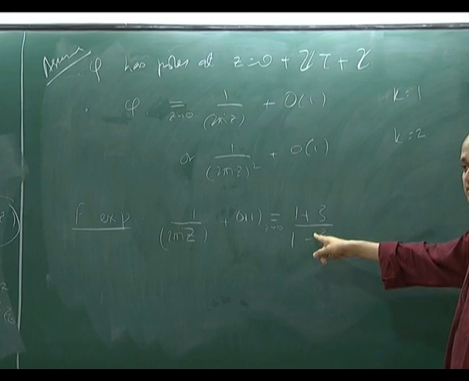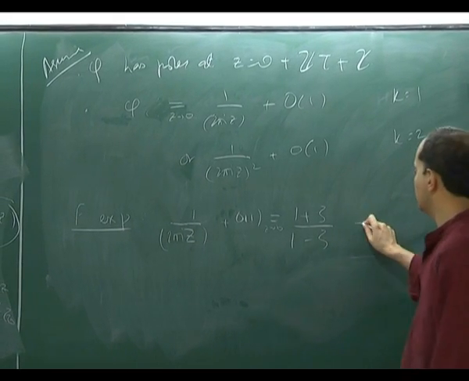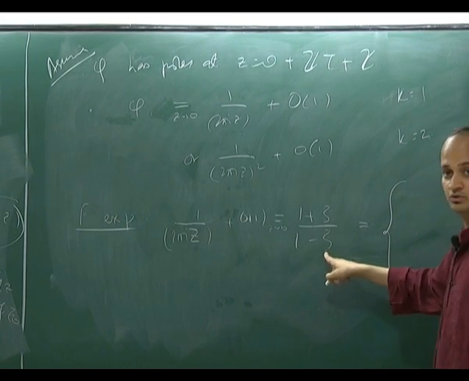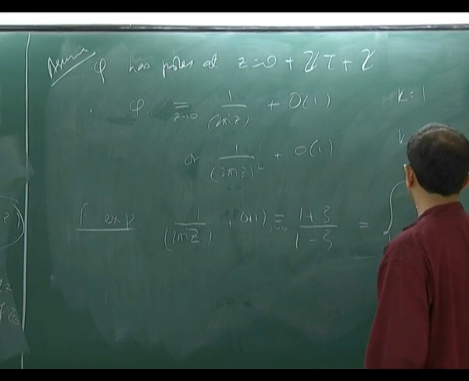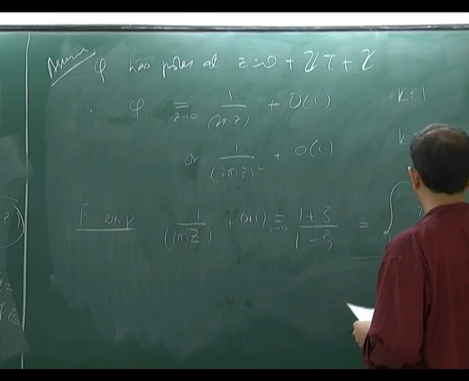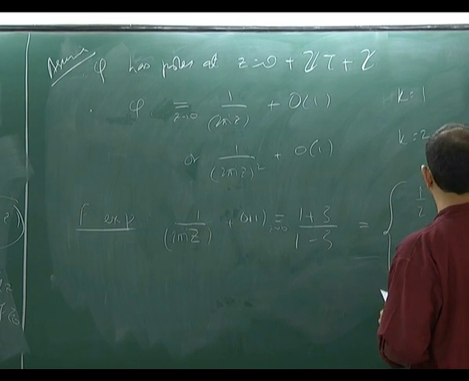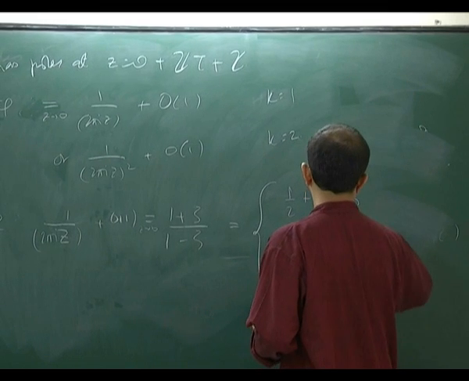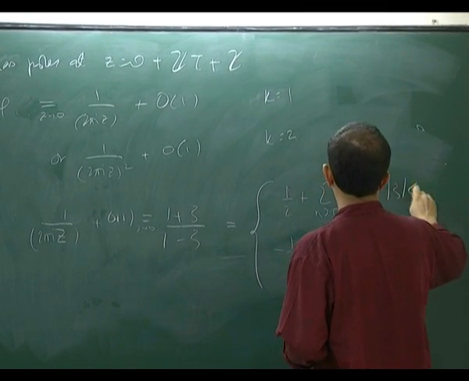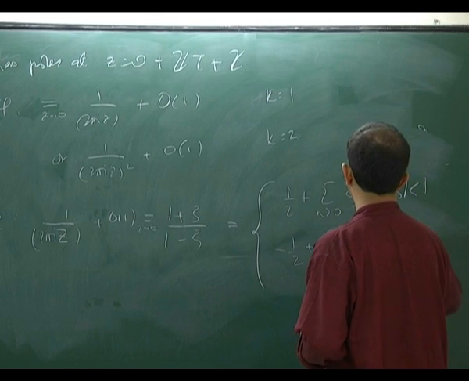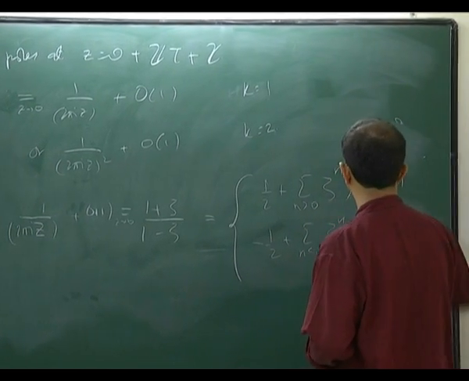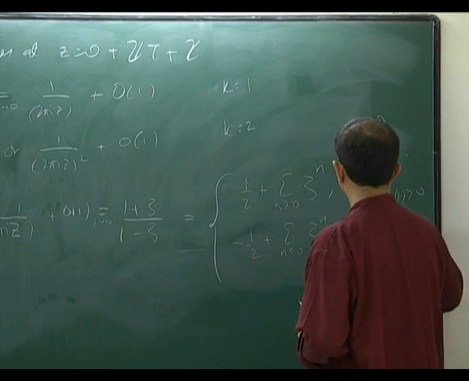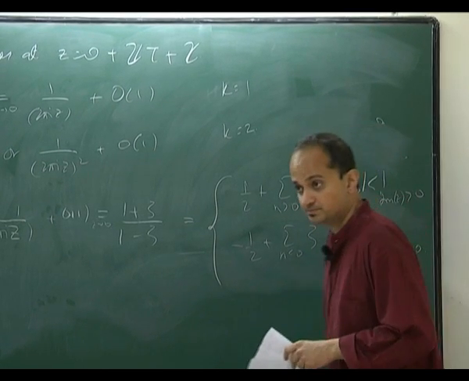Now you write a Fourier expansion of this, but the Fourier expansion depends on the value of zeta. It's equal to half plus the sum over n greater than 0 of zeta to the n, or minus half plus the sum over n less than 0 of zeta to the n, depending on whether modulus zeta is less than 1 or greater than 1. In other words, if imaginary part of z is greater than 0 or if imaginary part of z is less than 0.